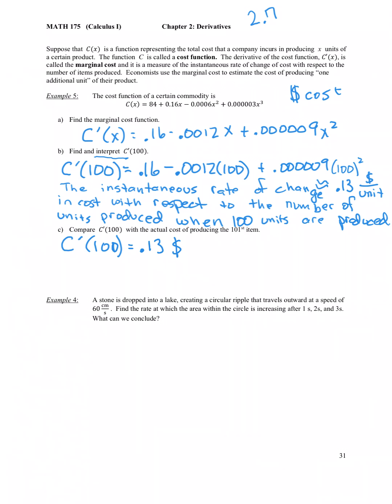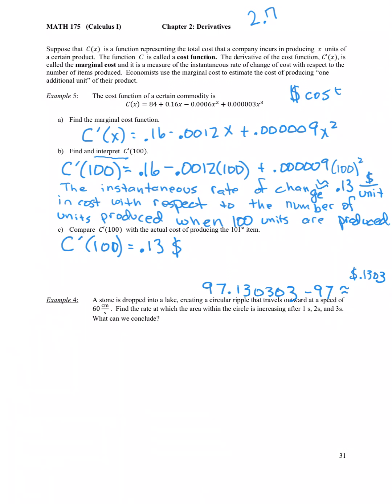Then to figure out the actual cost, we need to plug 101 and 100 into the original function. When you do that, you'll get these values in your calculator most likely. And there you go for letter C.